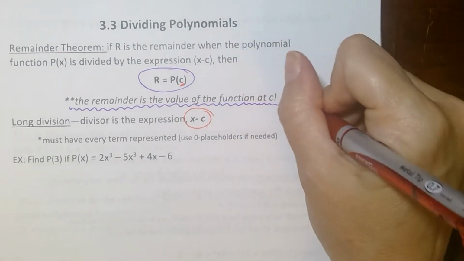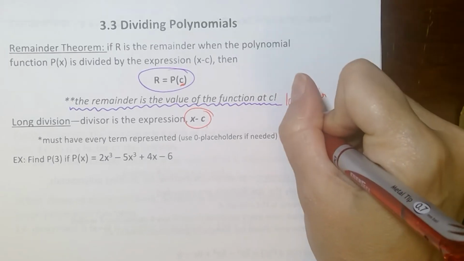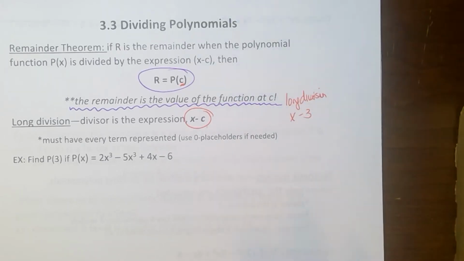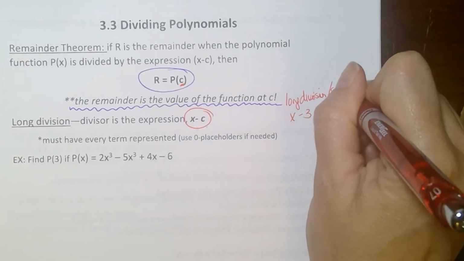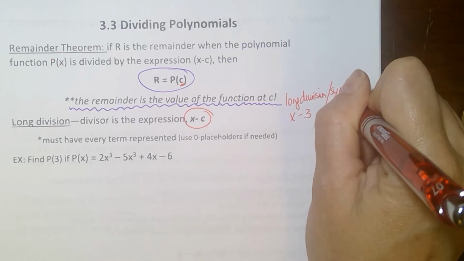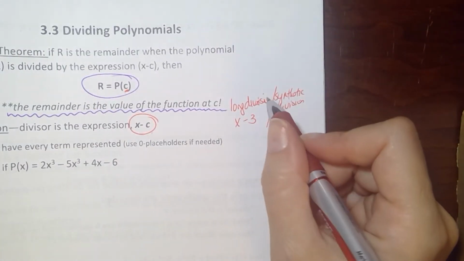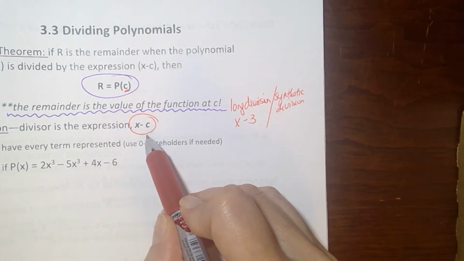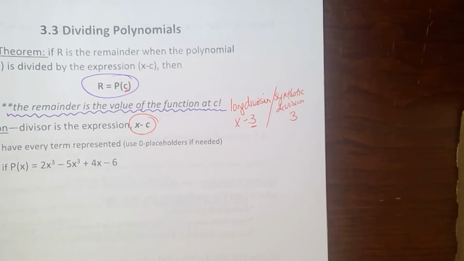Think about this. So with long division, if I were dividing by x minus 3, when I go to synthetic division, what is the value that I've plugged in? Well, I start with x minus c, just like x minus h. So what I'm using here is a positive 3.